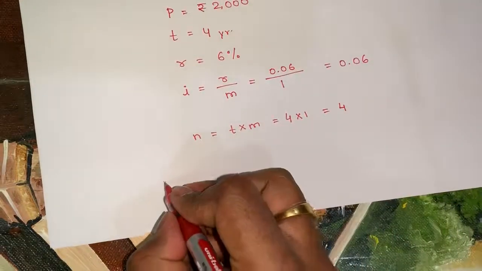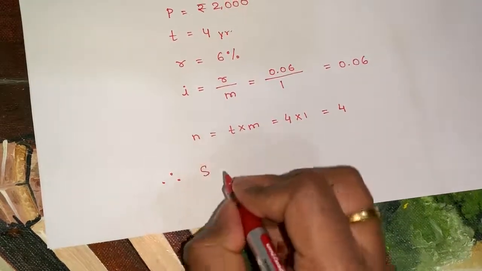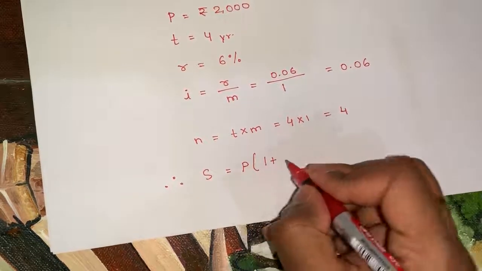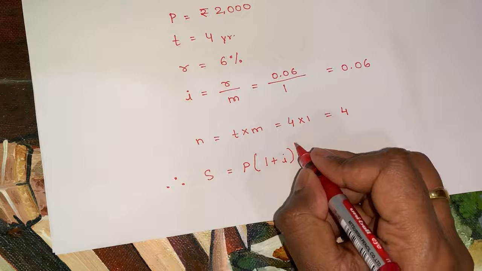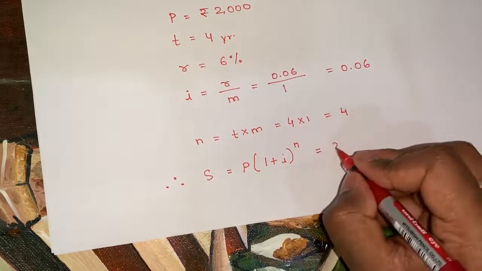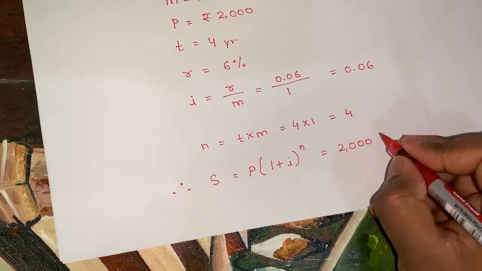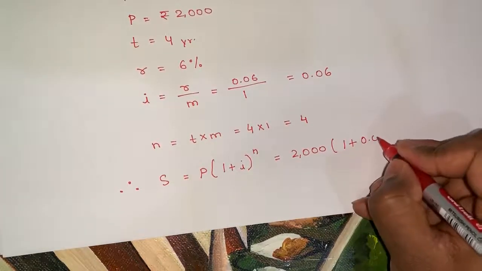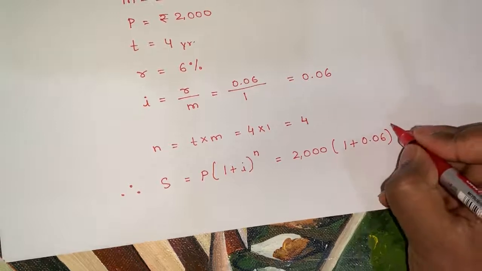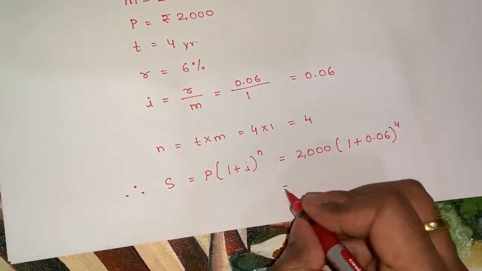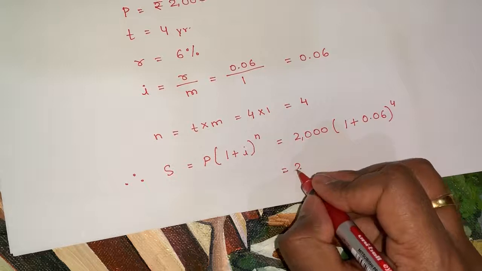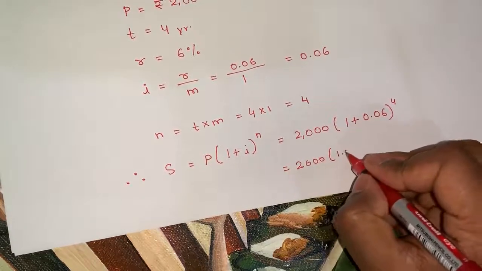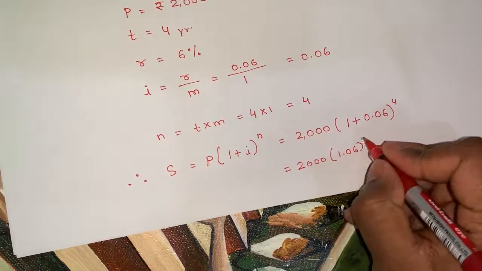Therefore, now we put this in the formula for amount. Amount equals P in brackets 1 plus i to the power n, which makes it 2000 in brackets 1 plus i, which is 0.06, to the power n, which is 4, which makes it 2000 in bracket 1.06 to the power 4.